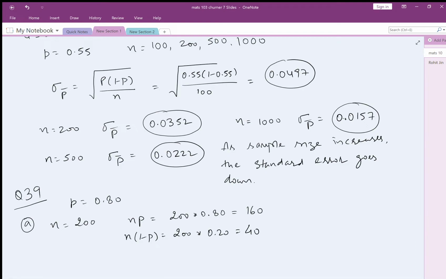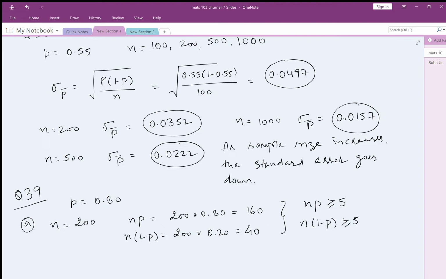So if you go back to slide number 40, it says that whenever n times p is more than or equal to 5 and n times 1 minus p is more than or equal to 5, we can use a normal distribution to estimate the proportions.